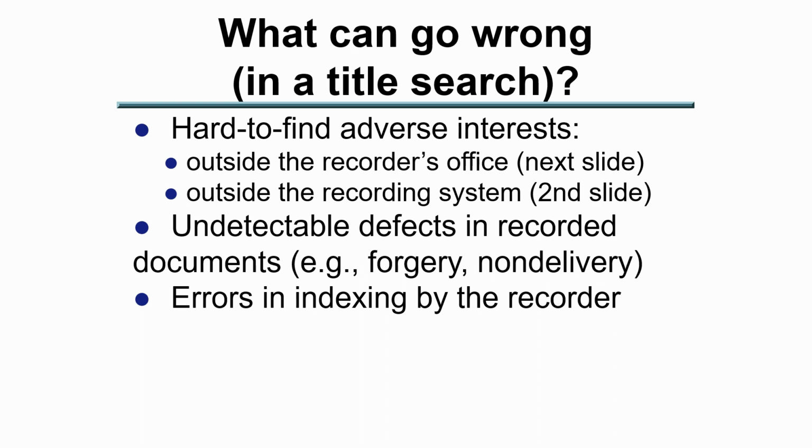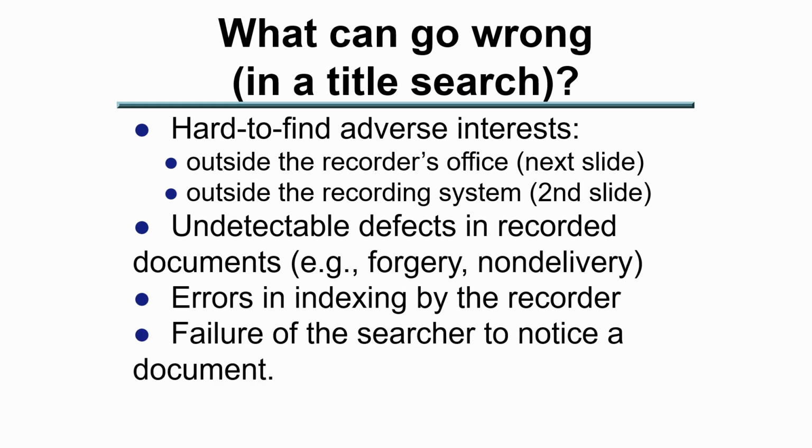After all, when we look up documents doing a title search, we have to do it in the indexes provided by the recorder's office. And if they've made a mistake in indexing a document, either totally failed to index it or indexed it with incorrect information, then we won't be able to find that document, and therefore we won't be able to take its legal significance into consideration.